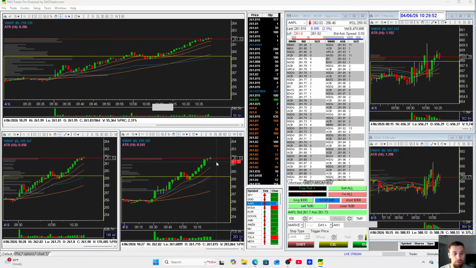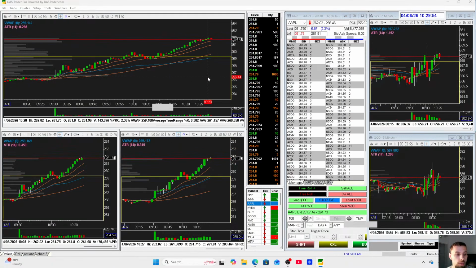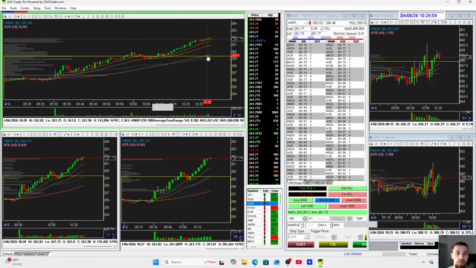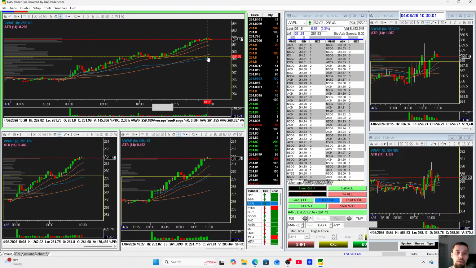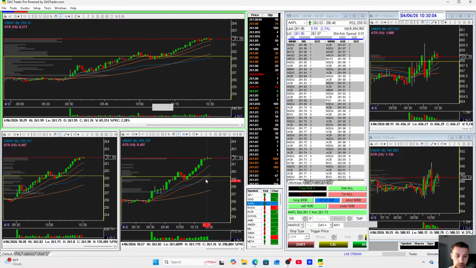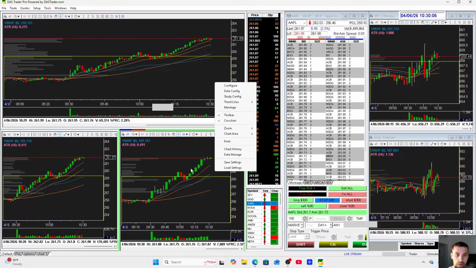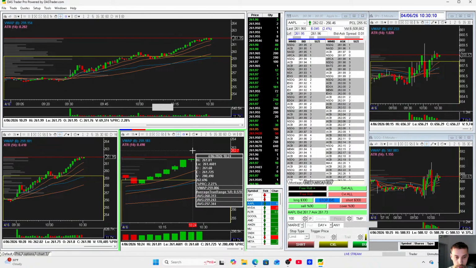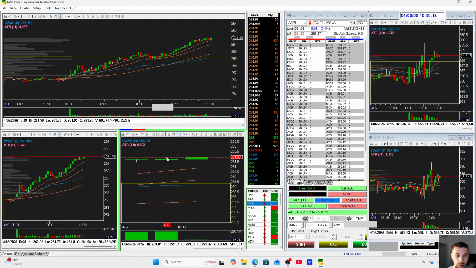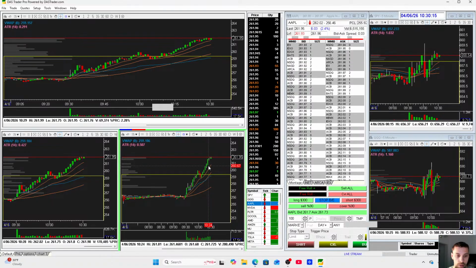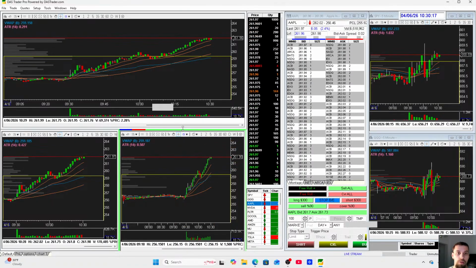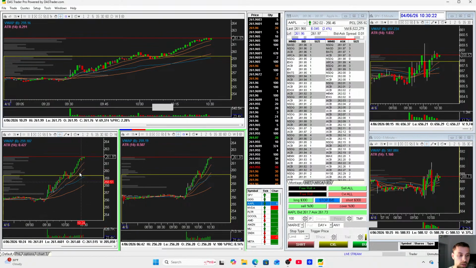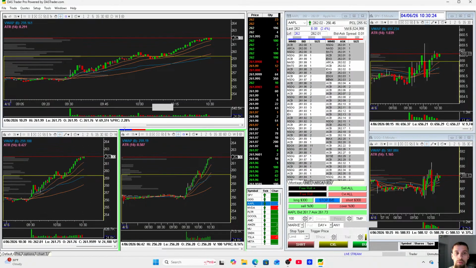Alright, y'all, gotta wrap it up. This is looking good for a short to me, but at least a small pullback. Little baby tweezer there. Volume's picking up as we're starting to kind of go sideways.